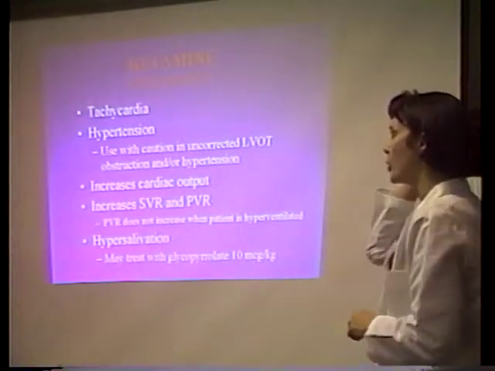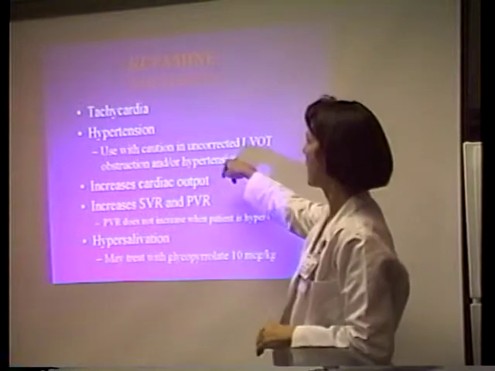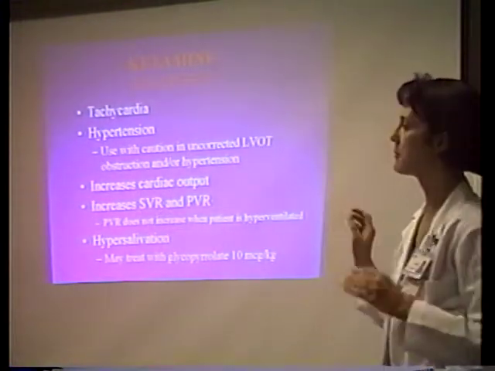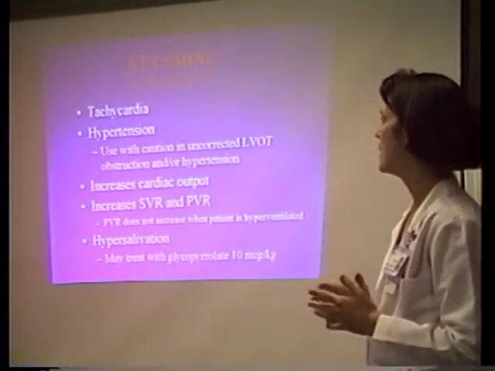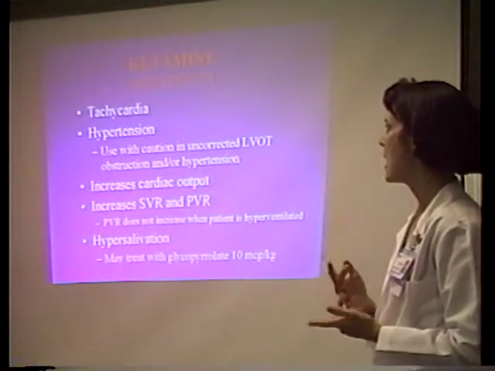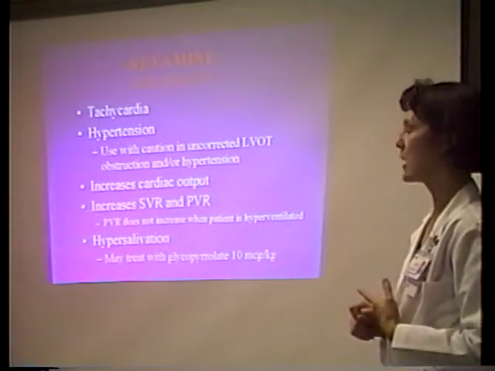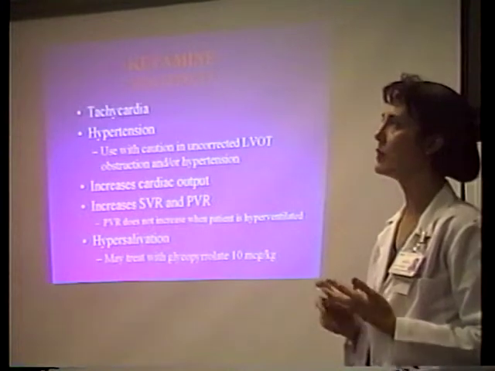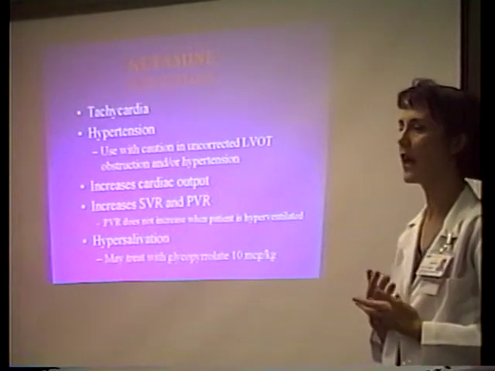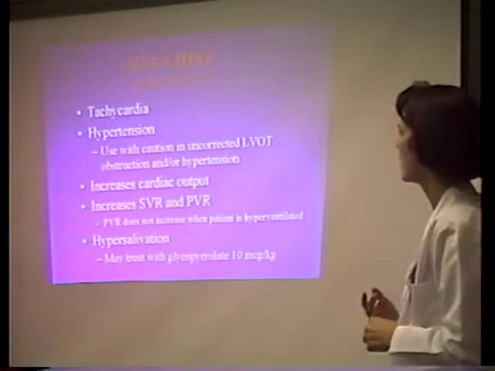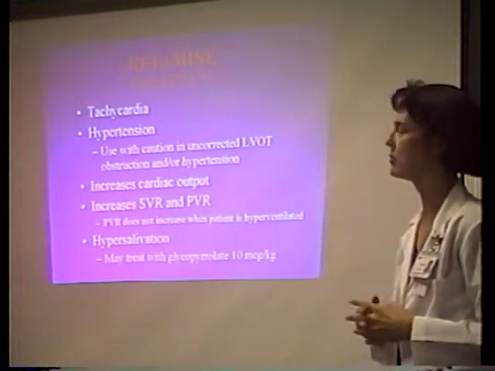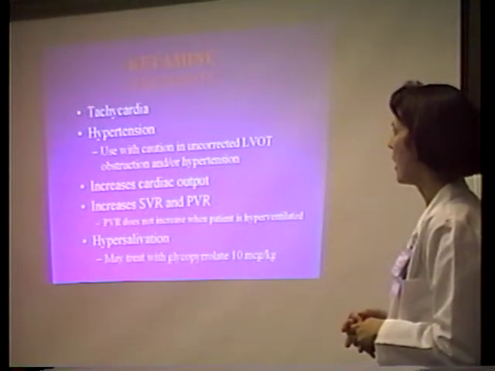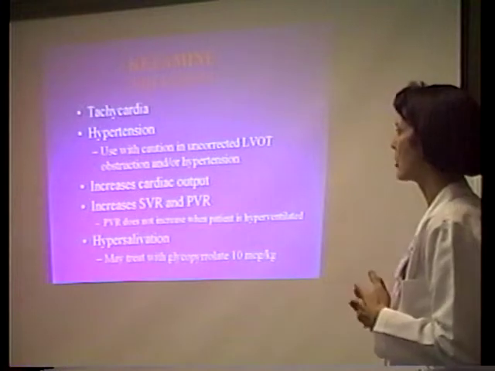Okay, the side effects that we're most interested in are these top three, because these help us maintain cardiac output in the cardiac patients. It causes tachycardia, it causes hypertension, and we say use with caution in patients that have hypertension or uncorrected LVOT obstruction. It's not contraindicated, I would just use it with caution.